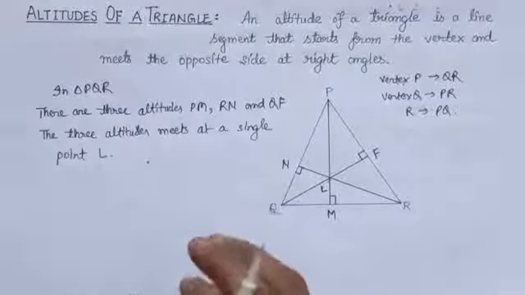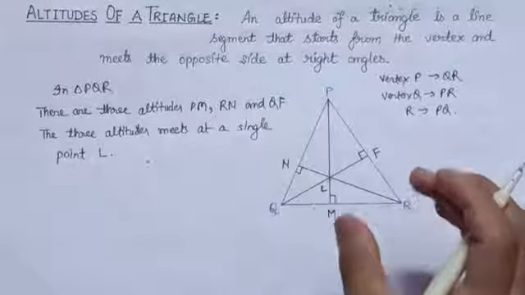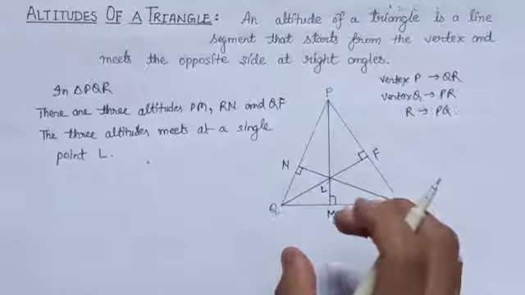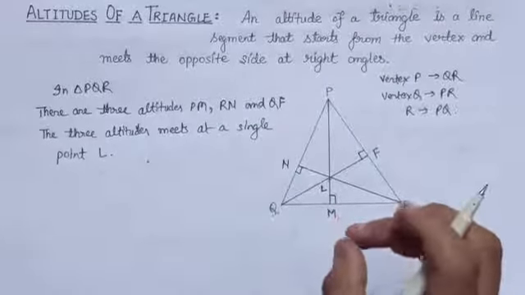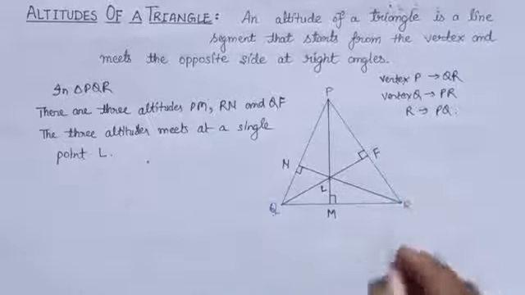So what can we conclude from this? From this we can conclude that in every triangle there are three altitudes and all the three altitudes meet at a single point irrespective of the shape of the triangle.